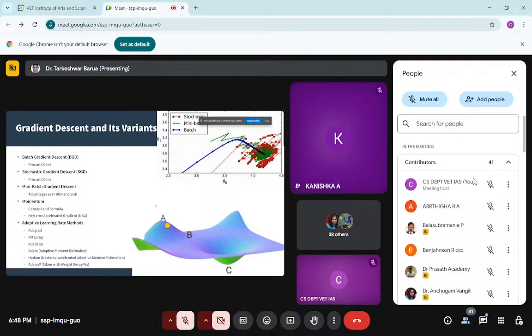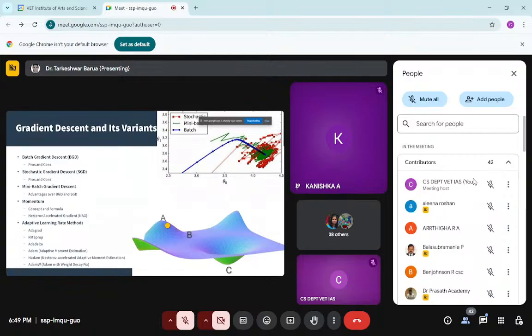Let's look at gradient descent and what types of gradients are available. Very basic and very important ones are batch gradient descent, stochastic gradient descent, mini batch gradient descent, momentum, and adaptive learning rate. We can execute all of these and find these types of results.